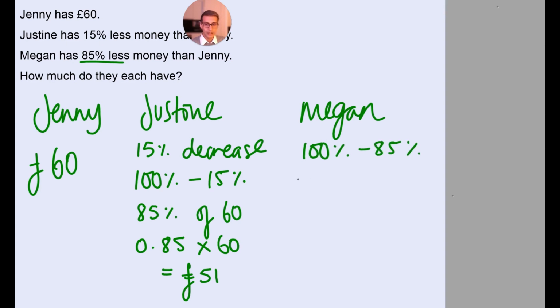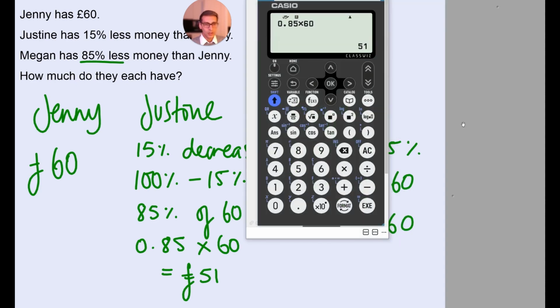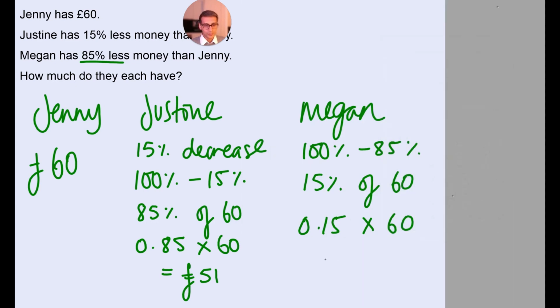That means Megan has 15% of 60. 0.15 times 60, of means times, so let's put that in there, 0.15 times 60, and that is going to give you 9. So Megan has £9.